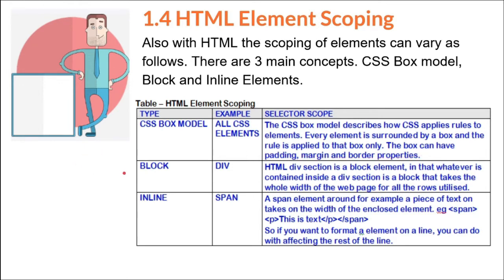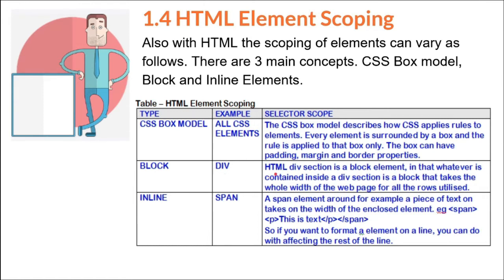The other scoping item we have is the block container. For example, a div is a block container, which means that any elements within a div section will be displayed as a block.